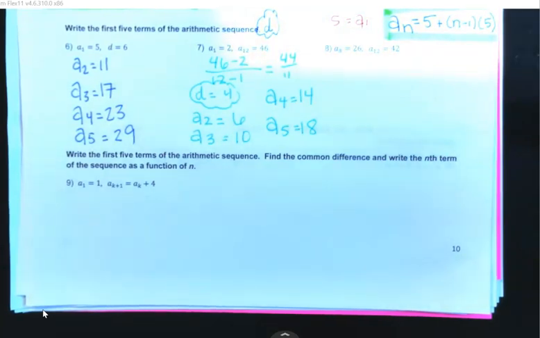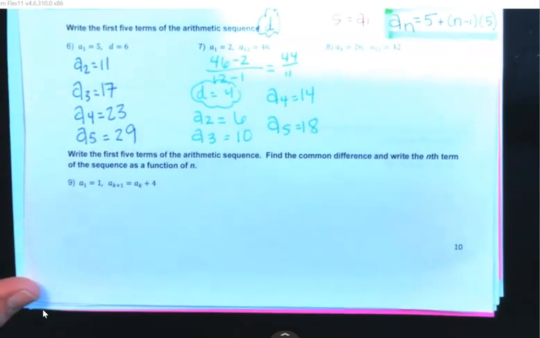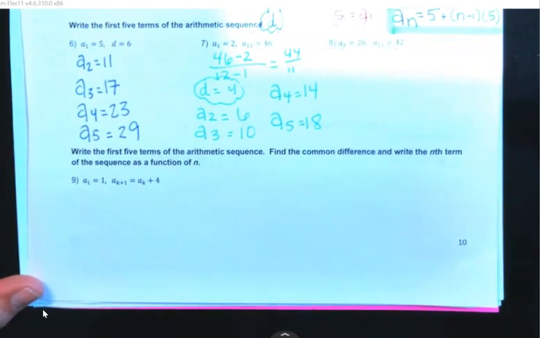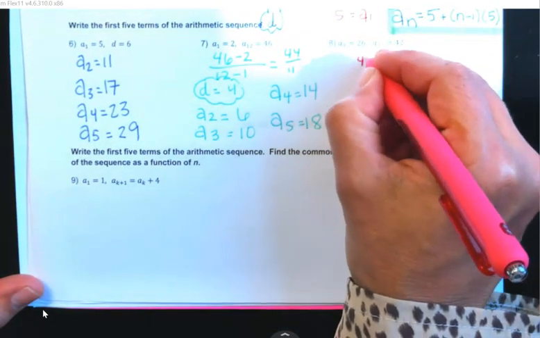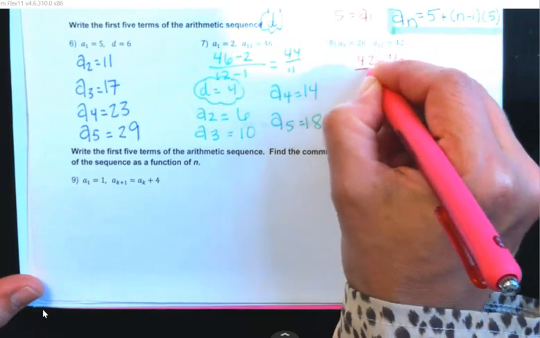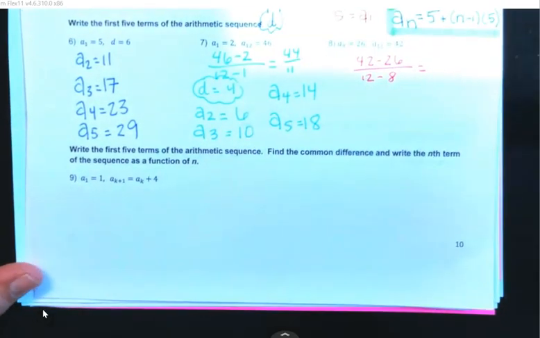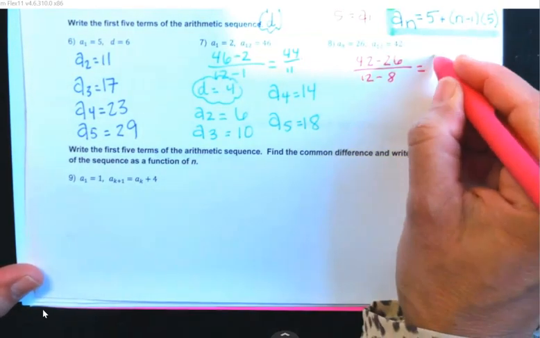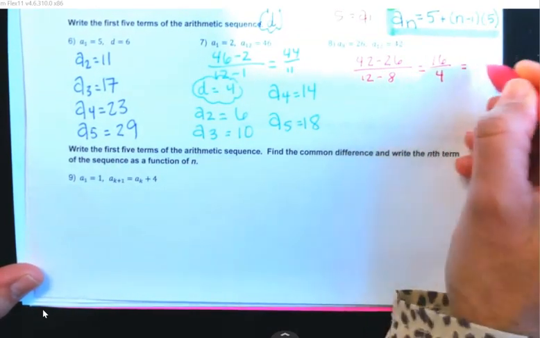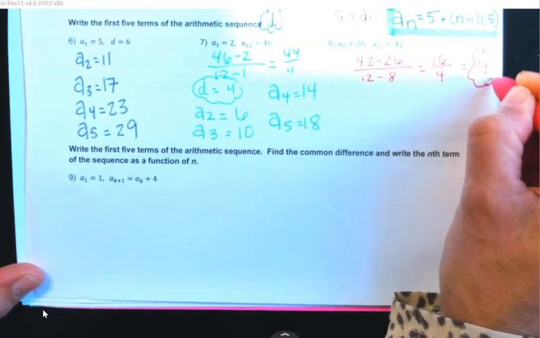All right, so number 8, we have to find a sub 1, and we have to find the difference. Find the difference first. The difference is going to be 42 minus 26 over 12 minus 8. Y'all, that's 16 over 4. So our difference is a positive 4.